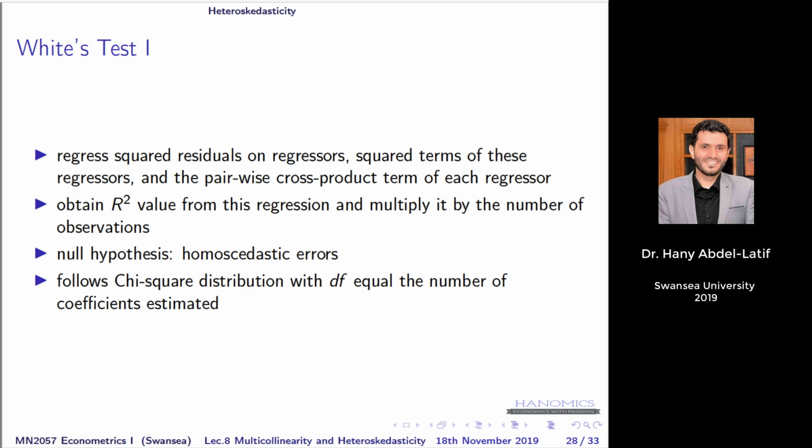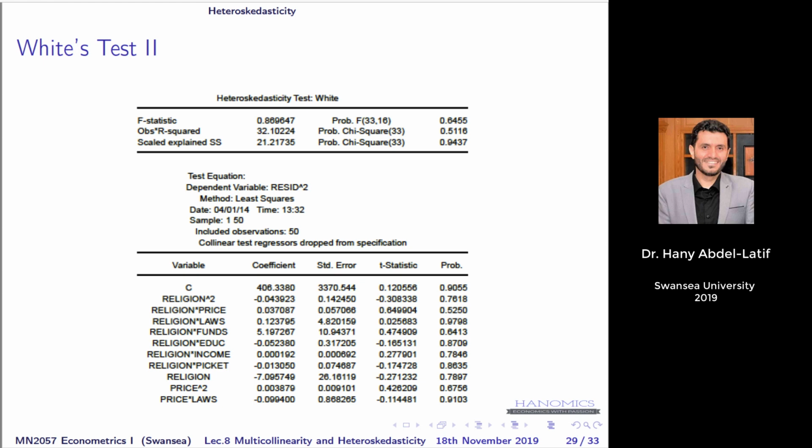Okay, and this follows a chi-square distribution. So in case you want to use the table to get the critical value, then you need to go to the chi-squared table. And the degrees of freedom here equal the number of coefficients estimated. So it depends really. You need to count how many coefficients you have.